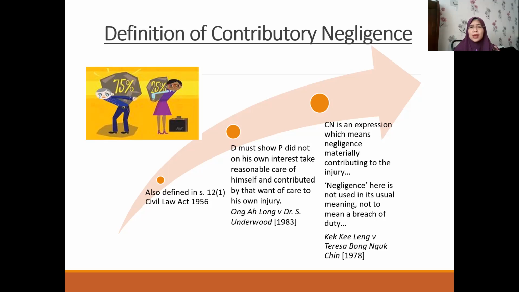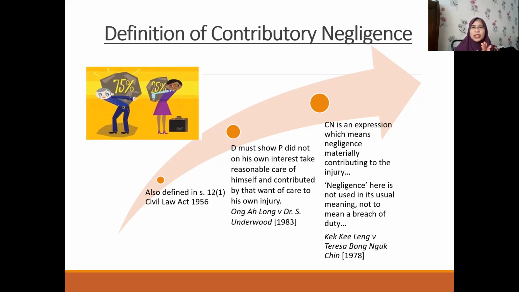And if we refer to another case law, which is also a local case, Kat Kileng and Teresa Bong Chin, reported in 1978, it was mentioned in that case, contributory negligence is an expression which means negligence materially contributing to the injury.